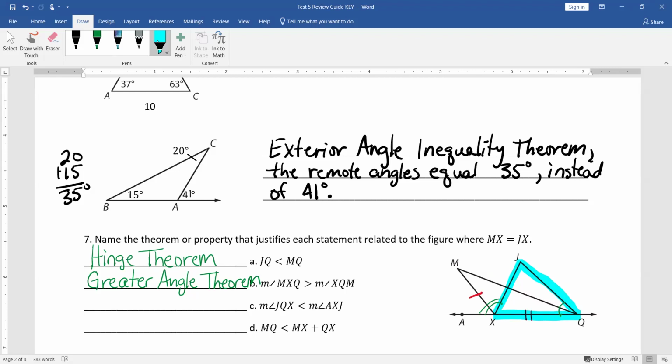So angle XQJ is a remote interior angle, and angle AXJ is the exterior angle to this triangle. So this one is the exterior angle inequality theorem.